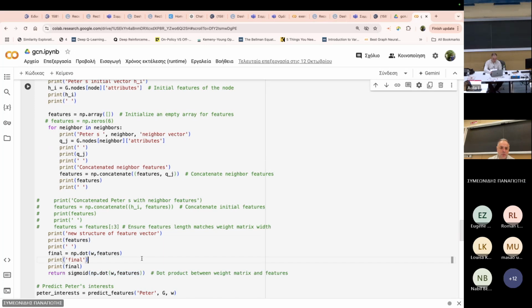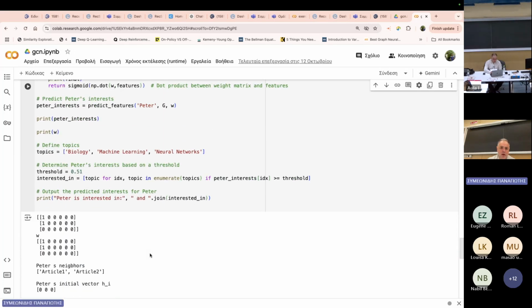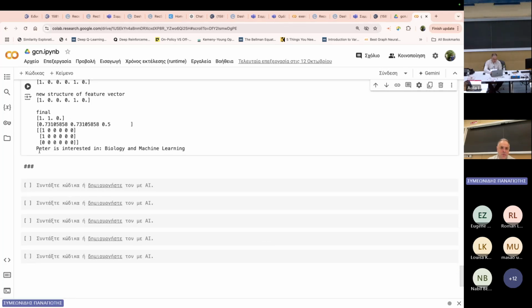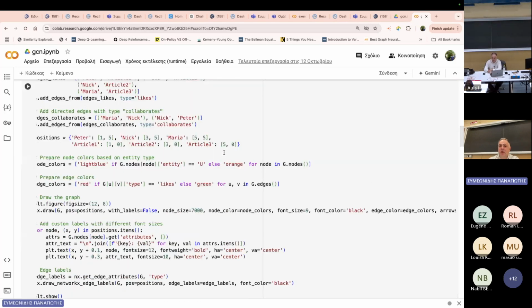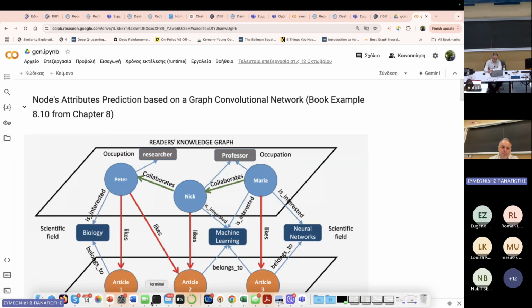So in the very end, we can conclude that Peter is interested in biology and machine learning. Of course, this is available, and you can have a look at this code later on your own.